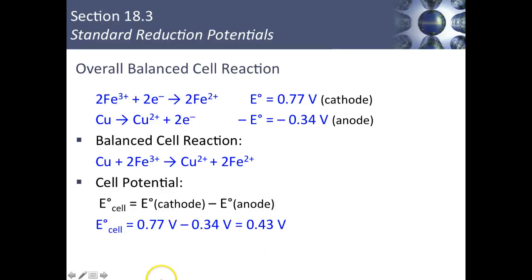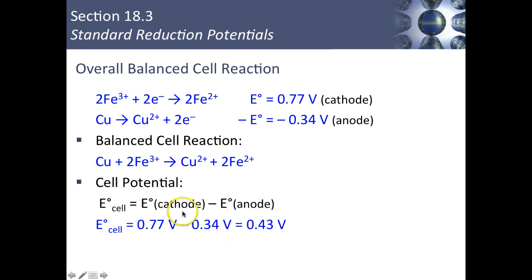The formula is given to you right here. E standard cell, that's what that symbol there means. E standard cell equals E standard for the cathode minus E standard of the anode. So I can literally just plug in the values as they are from the table, and I'm going to end up with 0.43 volts.